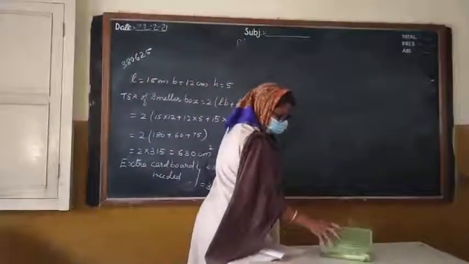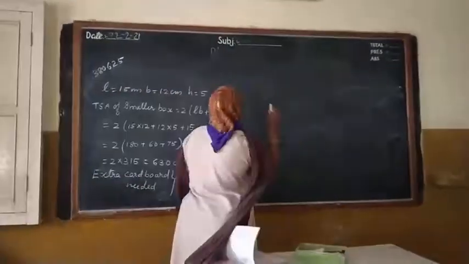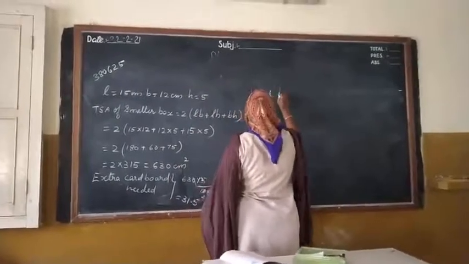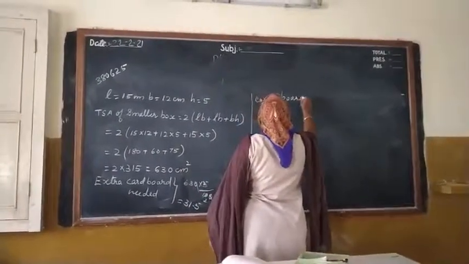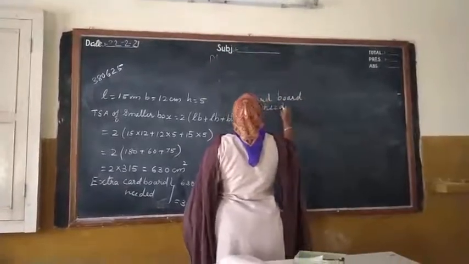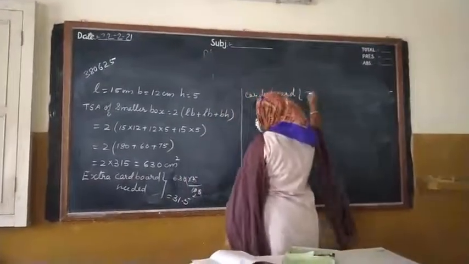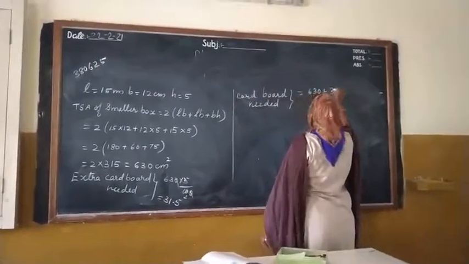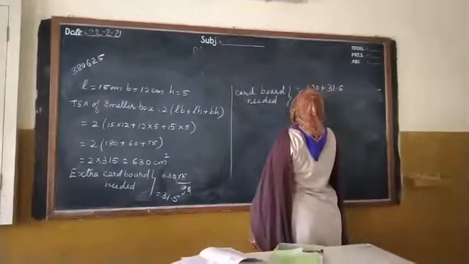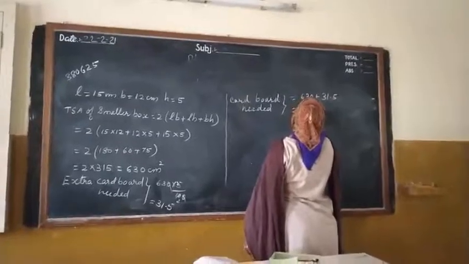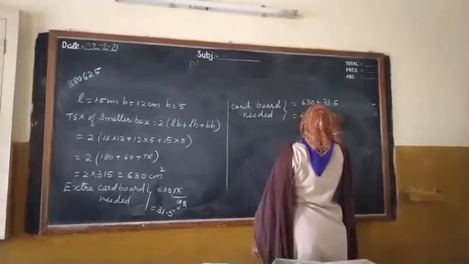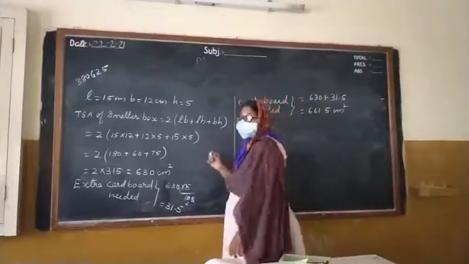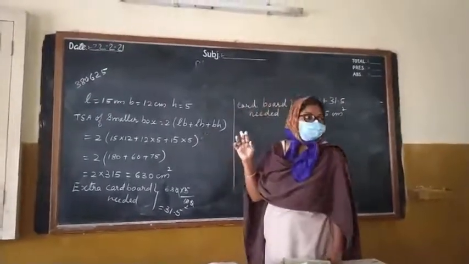So cardboard needed is equal to 630 plus 31.5. So it is 661.5 centimeter square.